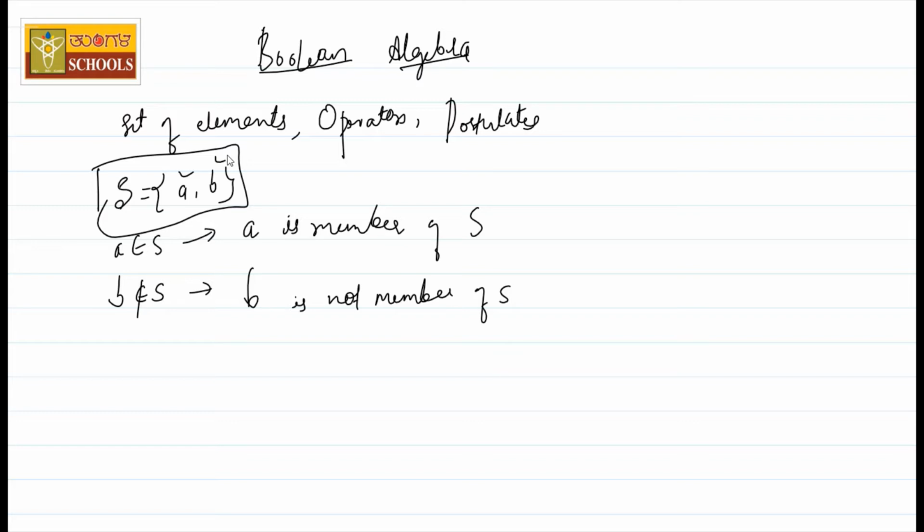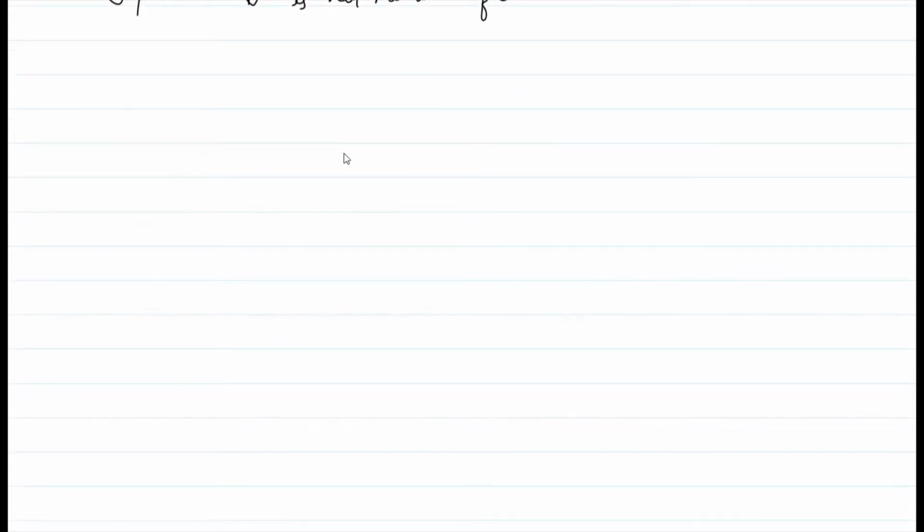Then we have to understand one more important term here, that is called an operator. Here I am going to use the operator as a binary operator. Then we should understand what this binary operator is.